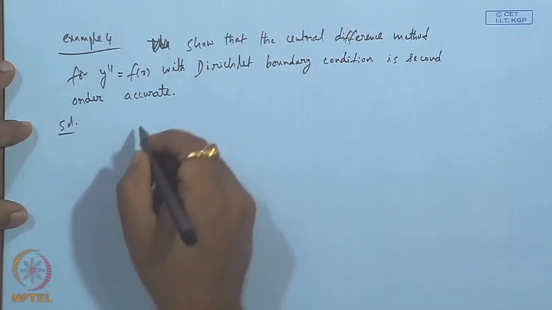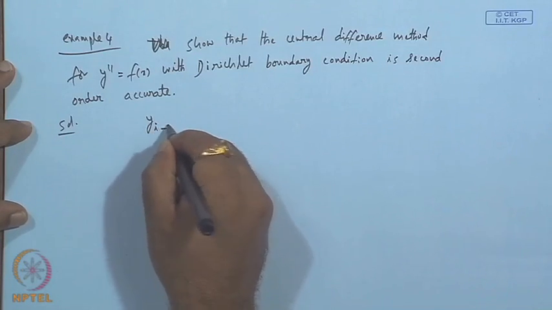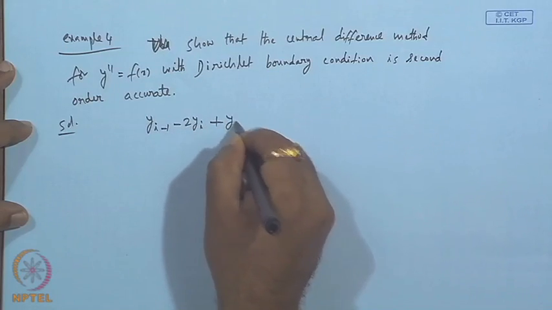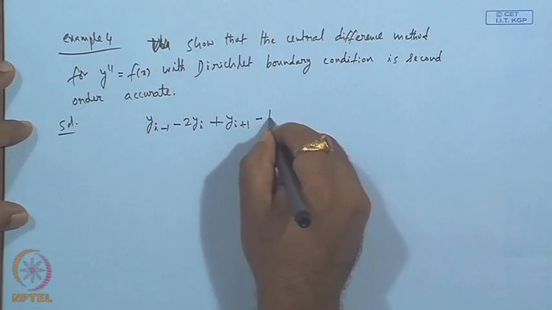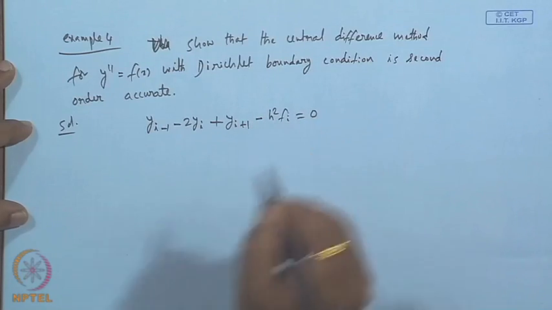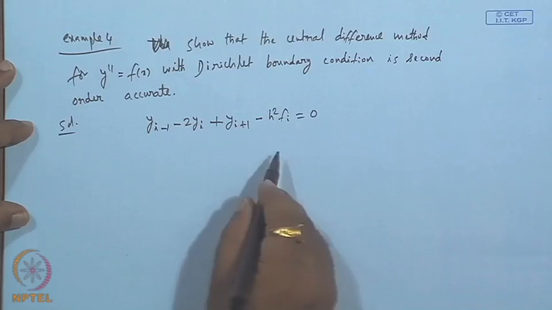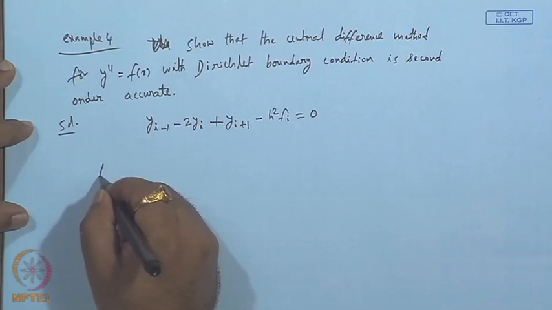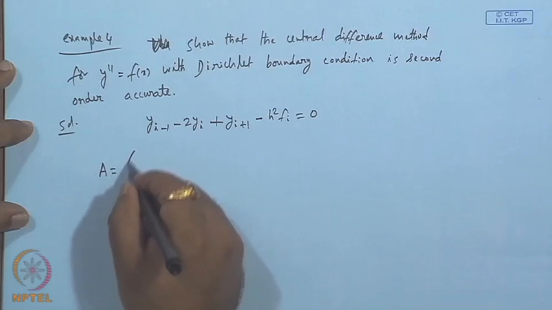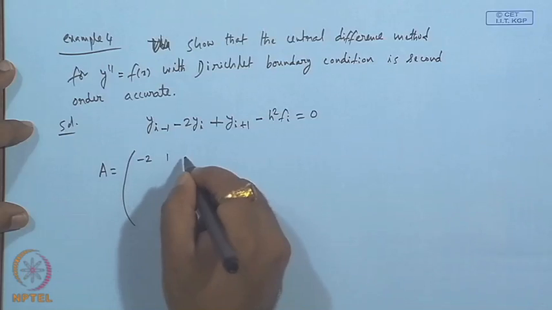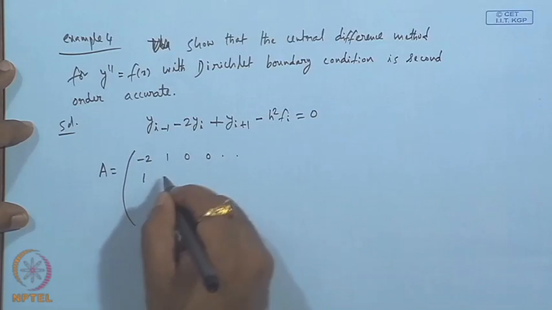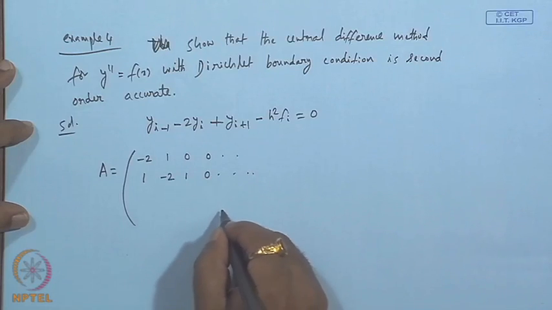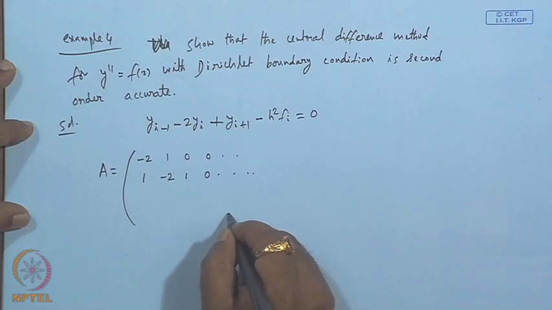Right. So, if we use central difference, we get this. Then if we put it in matrix form, the matrix A will be this.